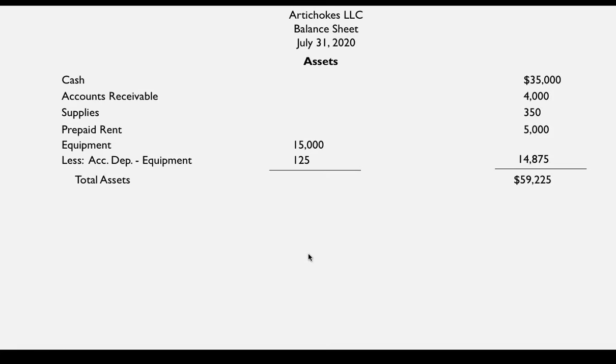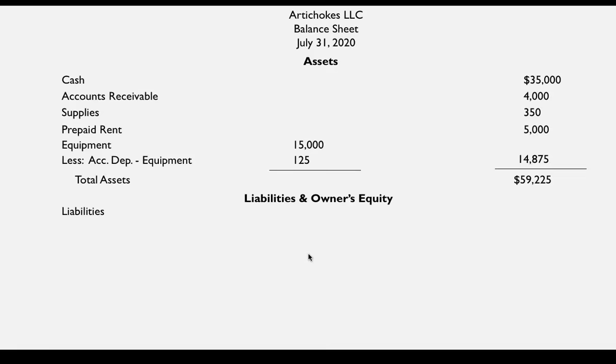So that's the left side of your accounting equation, right? That's the assets equals portion. The right side is liabilities and owner's equity. So that's what's going to come next here on this balance sheet. So we then want to list out our liabilities.